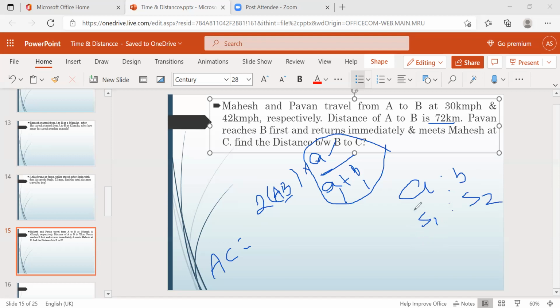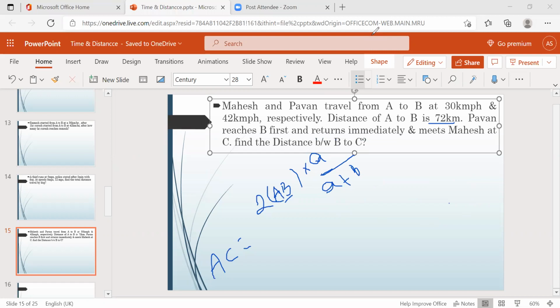Or you can take the ratio of speed 1 to speed 2 directly. So the formula is 2 into AB into a by a plus b, right?